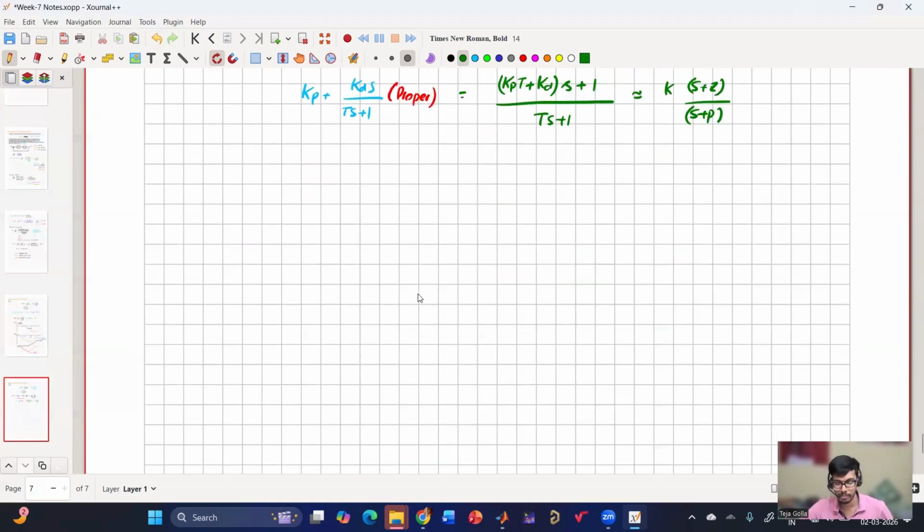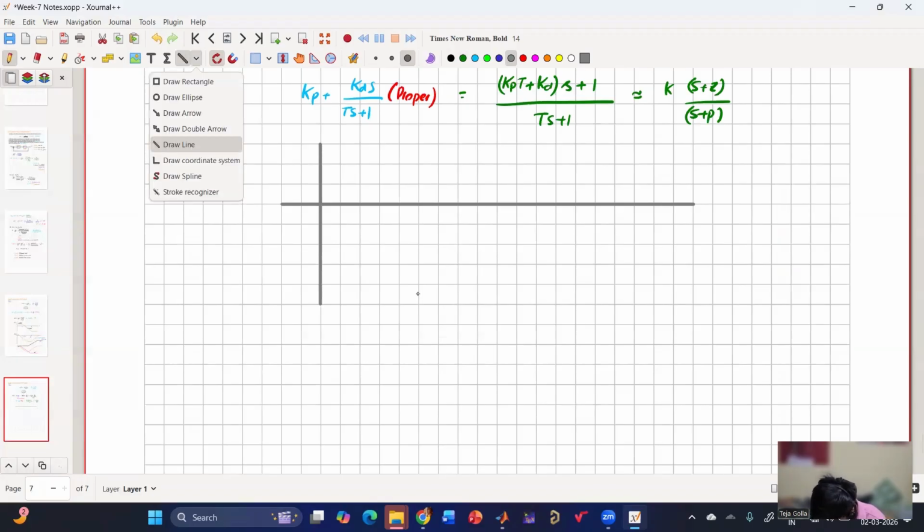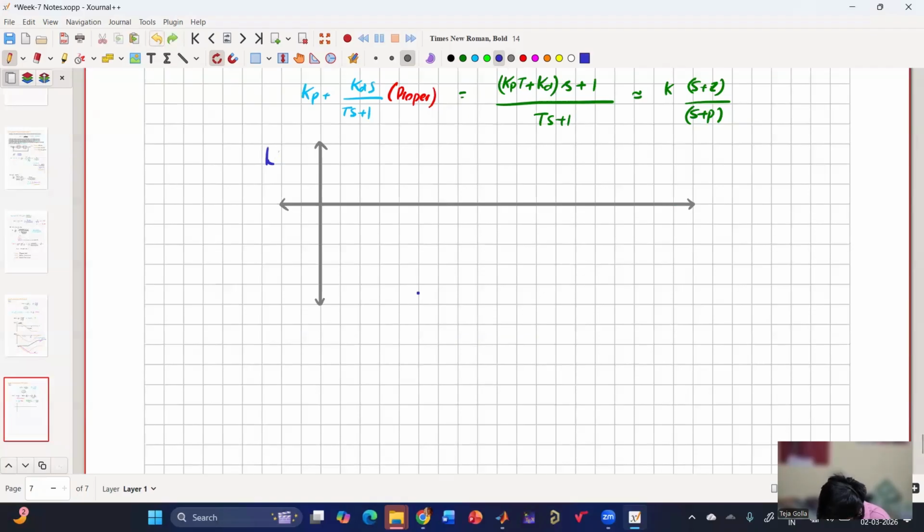So now let us draw the same Bode plot and let us quickly compare. So this is mod G and then this is omega. In this case, 0 is coming first. Say 0 is here and then the pole is here.